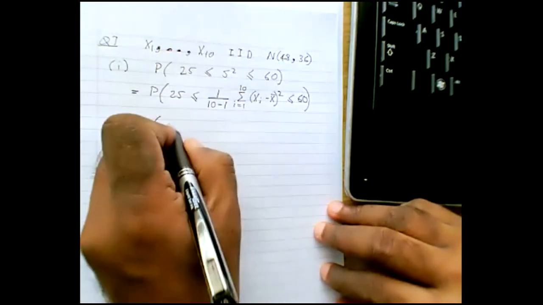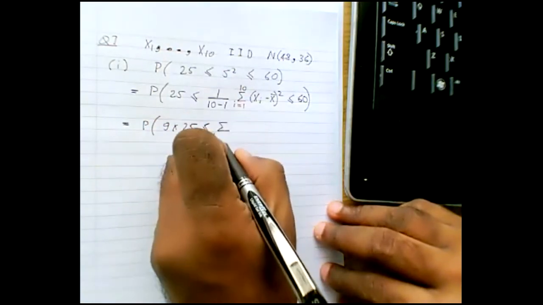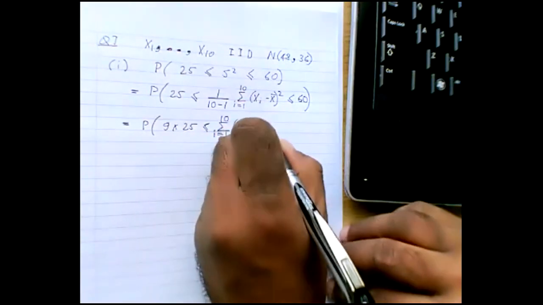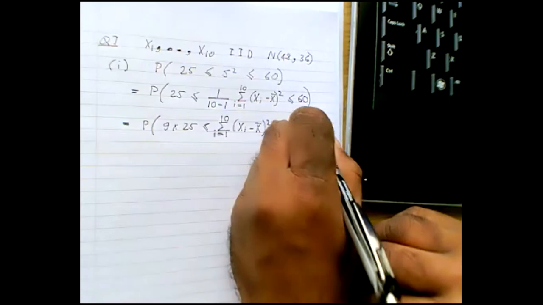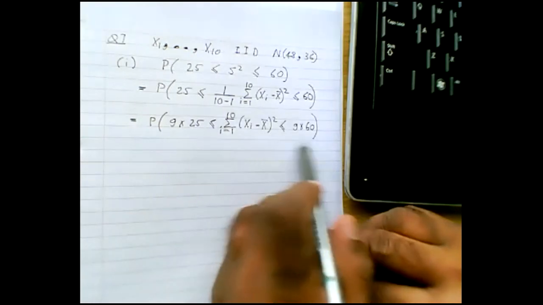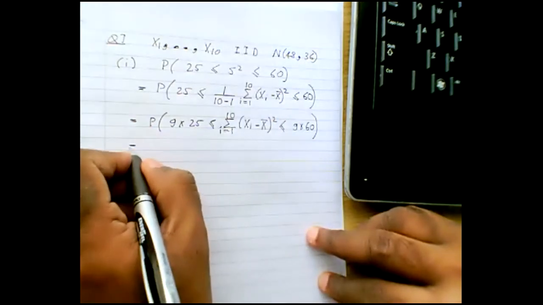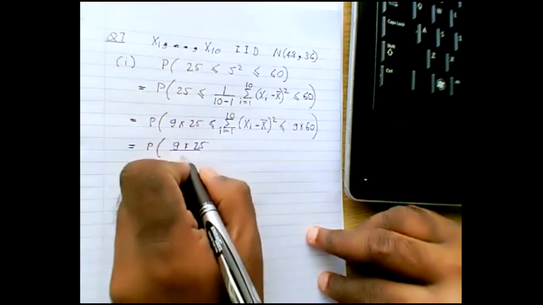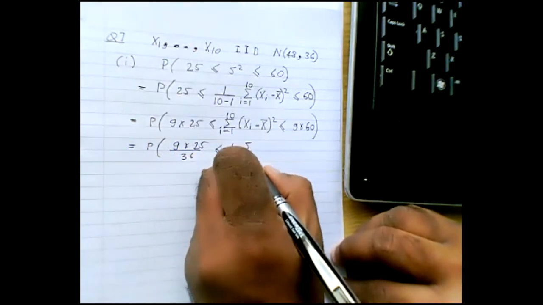So you get 9 times 25. Okay. All right. In the next step, I'm going to divide all three numbers by the variance, which is 36. The reason for that, I will explain in a minute why I'm doing this. So I'm dividing everything by 36, which is the population variance.